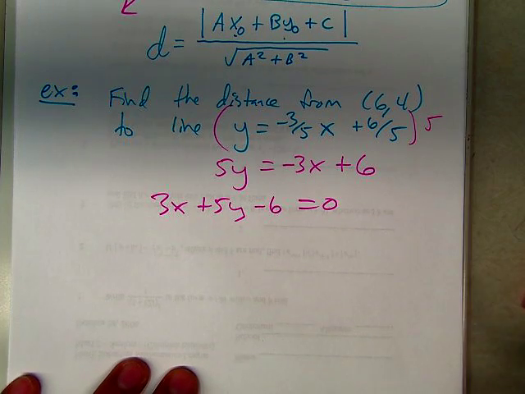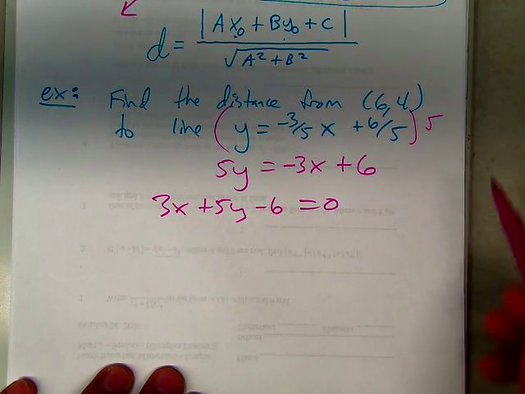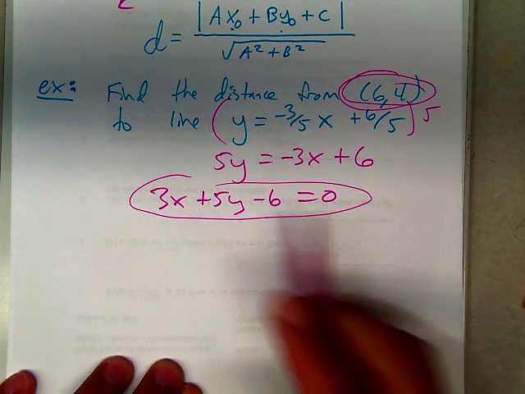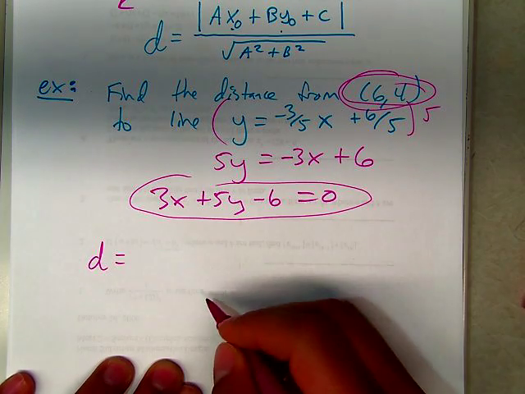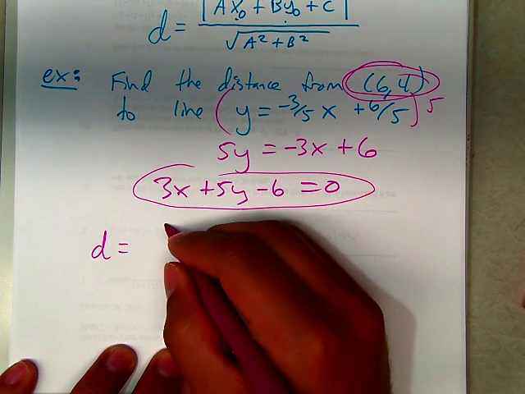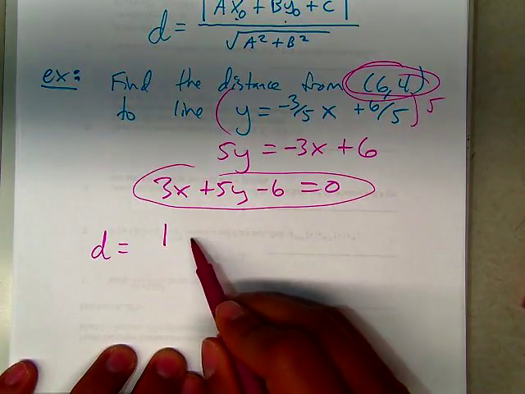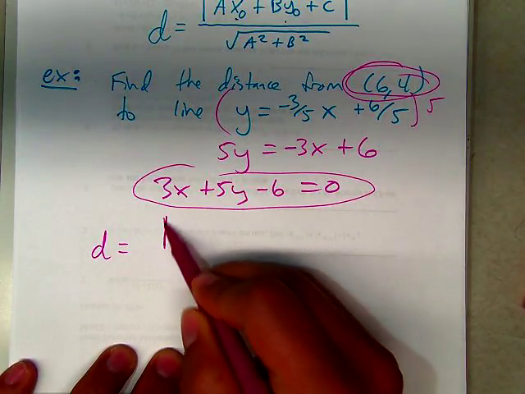All right. So we are set up. We are good to go. Here's our point. Here's the line in the proper format. So then the distance is just going to be the absolute value of what? What's A? A is 3.